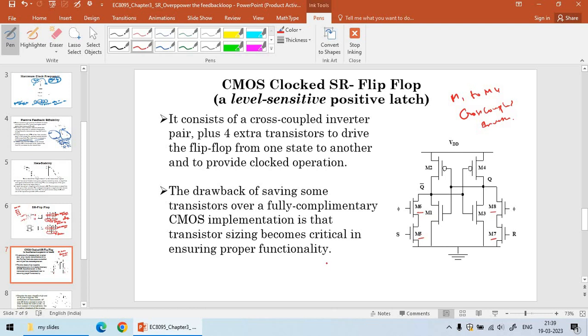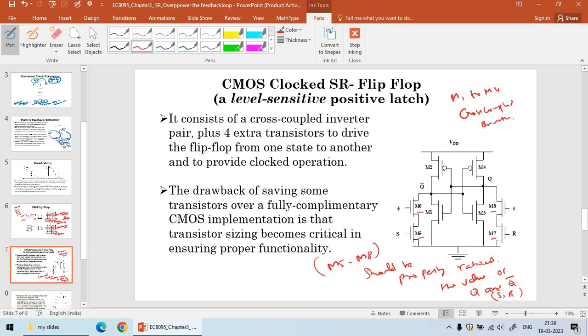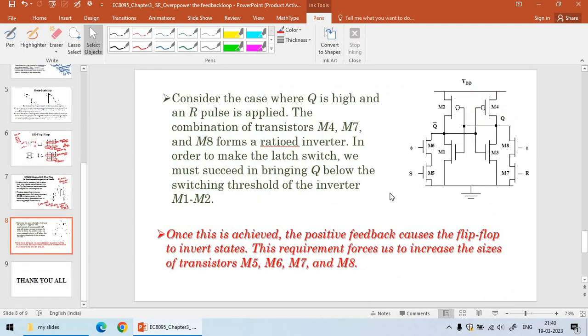These transistors from M5 to M8 should be properly ratioed so that the values of Q and Q bar will be changed according to the S and R input values. That is the drawback of this circuit, and this type of technique is called the overpowering technique. So this is the circuit.